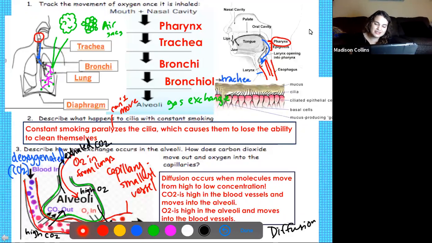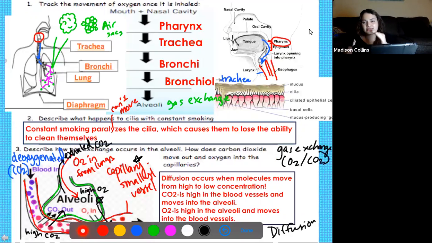Right? So gas exchange, again, is when we're swapping O2 and CO2. And we see that this is happening in the alveoli as well as the capillaries. Those have to work together in order to balance the concentrations of oxygen and CO2 in our body.